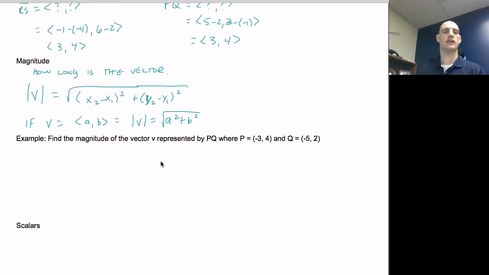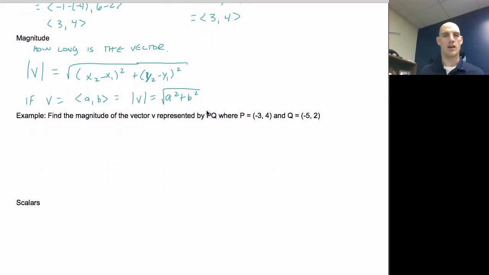Okay, so let's find the magnitude of the vector V represented by PQ, and this should have an arrow over the top, where P is this and Q is this. So the magnitude of PQ is equal to the square root. Now, I don't have component form for this, but to find component form, once again, it's related to our formula here.